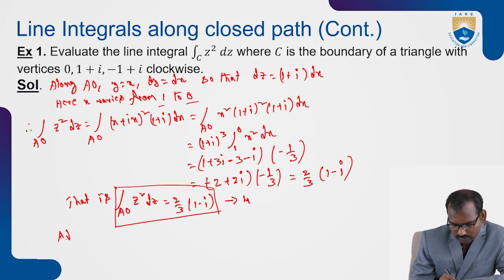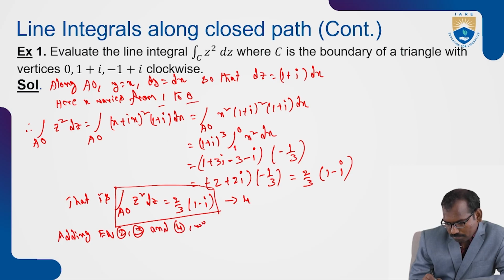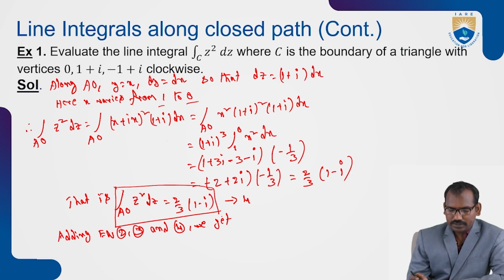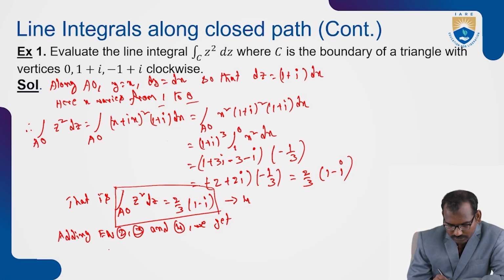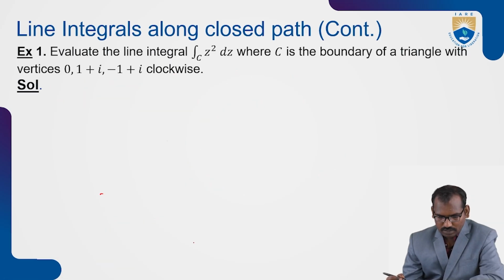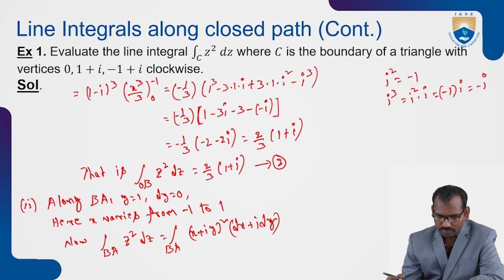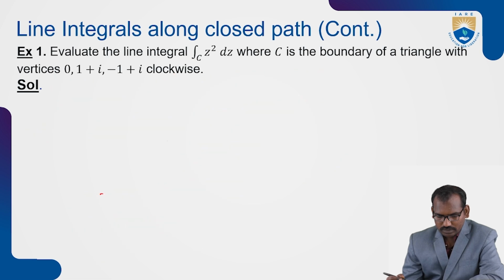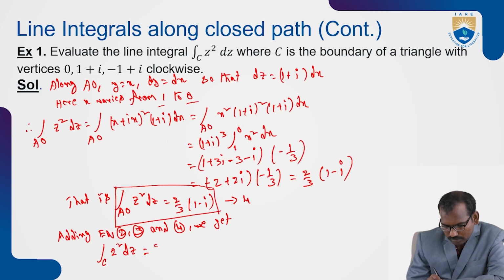Adding equations 2, 3 and 4, we get integration along C of z square dz equals, from equation 1 we have 2 by 3 (1 plus i).